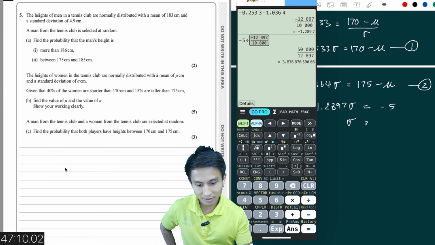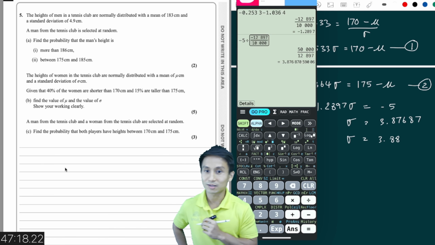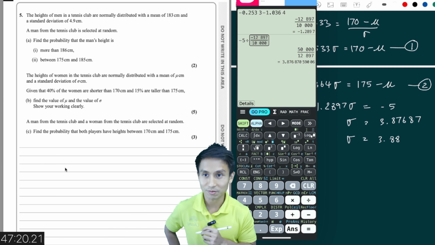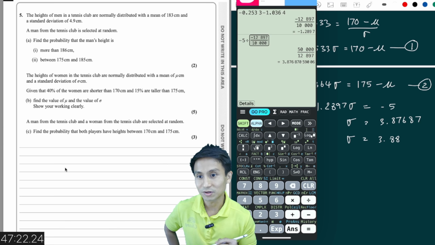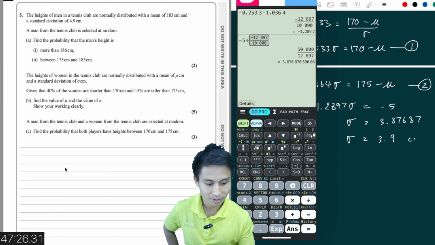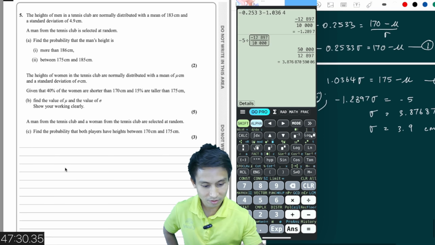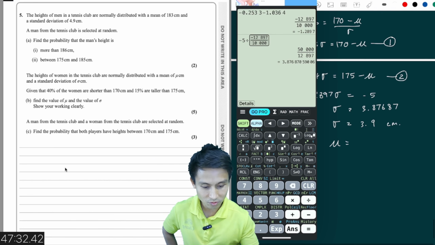We get 3.87687. So sigma equals 3.88. Let's make that two significant figures, so 3.9 cm.